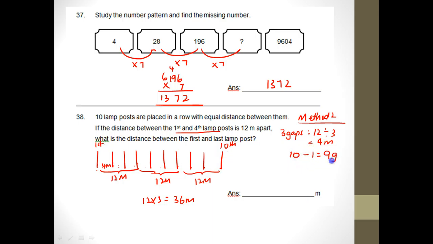There are 9 gaps. 1, 2, 3, 4, 5, 6, 7, 8, 9. 9 gaps. I'm sorry for this mistake. 3 gaps is 12 meters. 1 gap will be 12 divided by 3, which is 4 meters. So 9 gaps will be 4 times 9, which is also 36 meters.